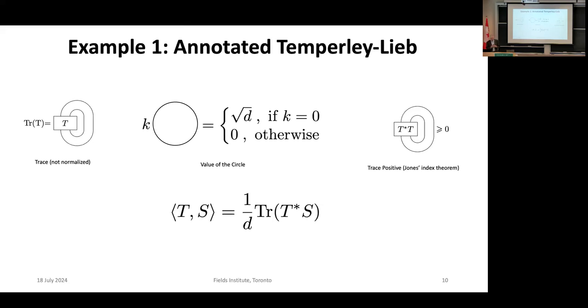So using the positivity of the trace, and that the trace of T times S is the trace of S times T, we can define an inner product, which is 1 over the dimension times the trace of T star S.